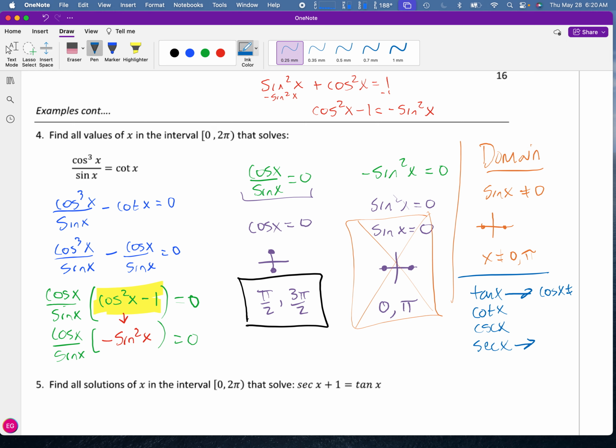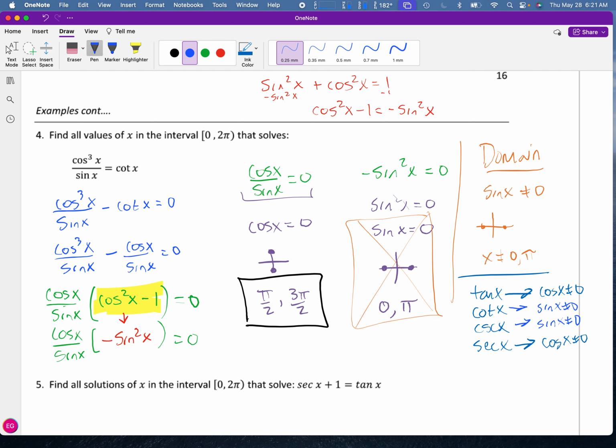So cosine x would not be able to equal 0 as part of domain restrictions if you have a tangent or a secant in a problem. And then cotan and cosecant, they both have sine in the bottom. So you would not be able to let sine equal 0 if you had a cotangent or a cosecant in a problem.